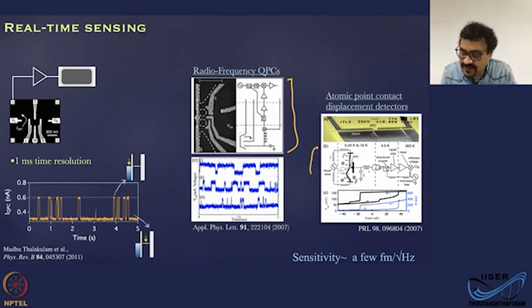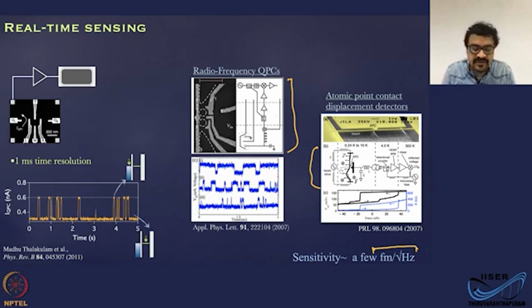So it's a very similar circuit here also, and what they were able to do is sense the motion at the femtometer scale. So the sensitivity they extracted is in femtometer per root hertz in this case.